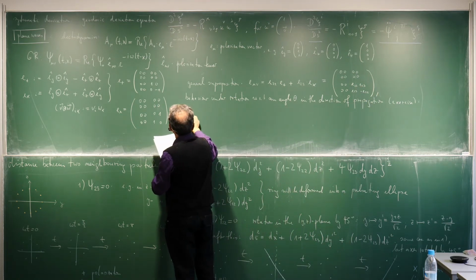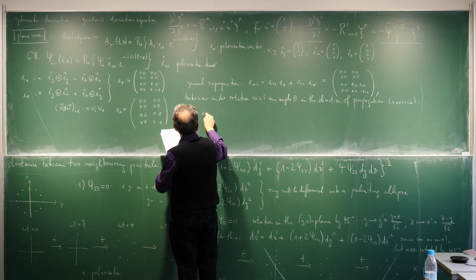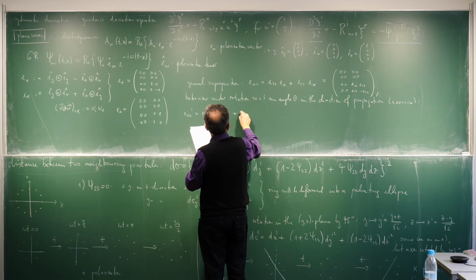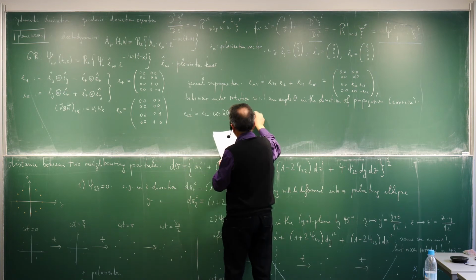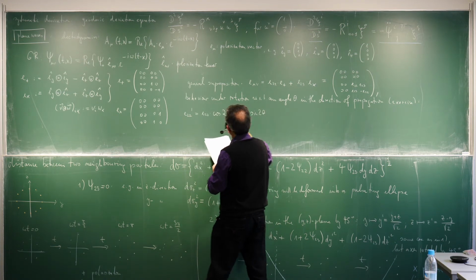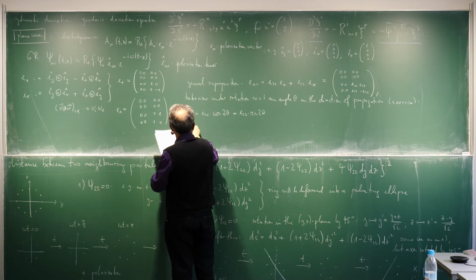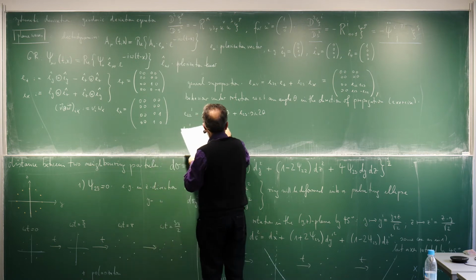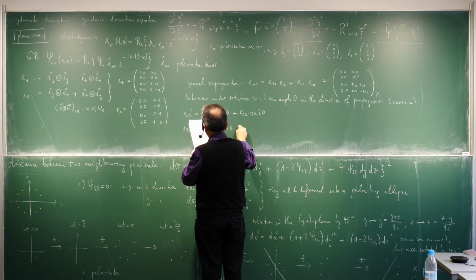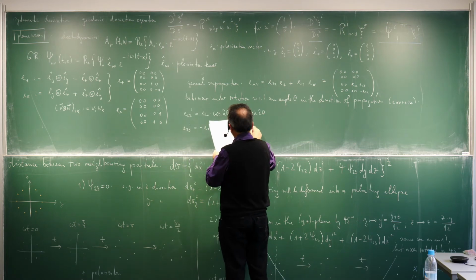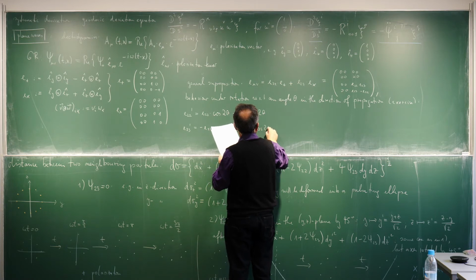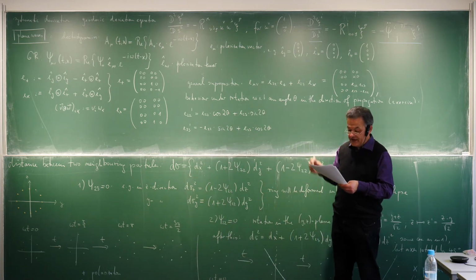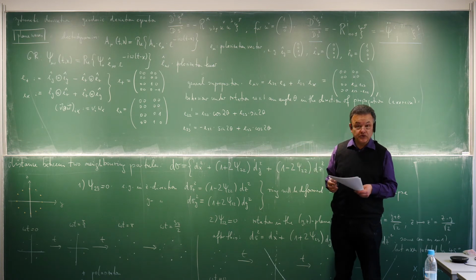E22 prime is E22 times cosine 2 theta plus E23 times sine 2 theta, and E23 prime is minus E22 times sine 2 theta plus E23 times cosine 2 theta. So what you see is that actually we have here a rotation by 2 theta.